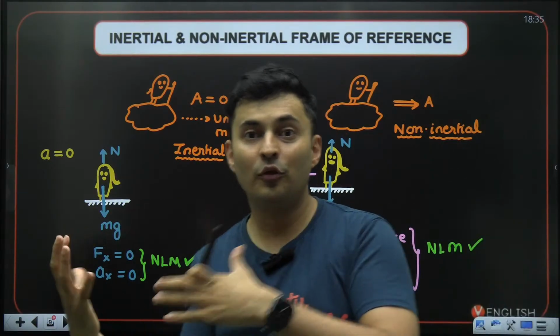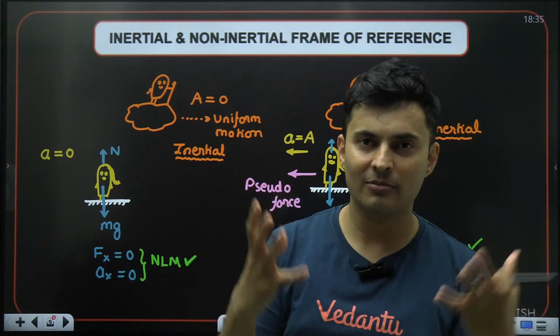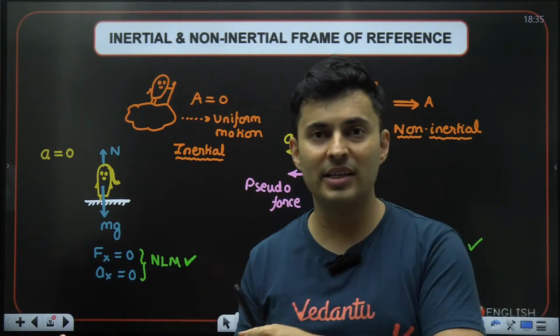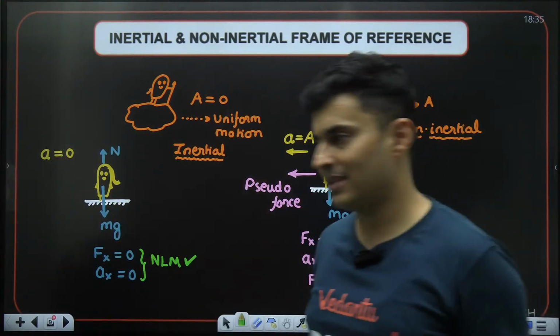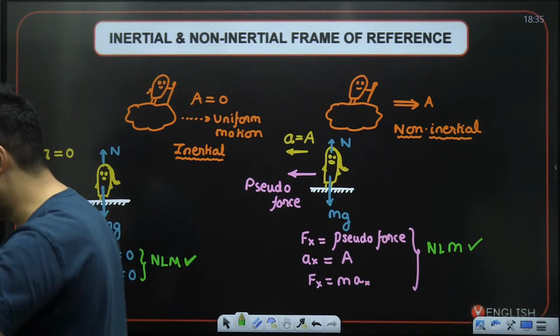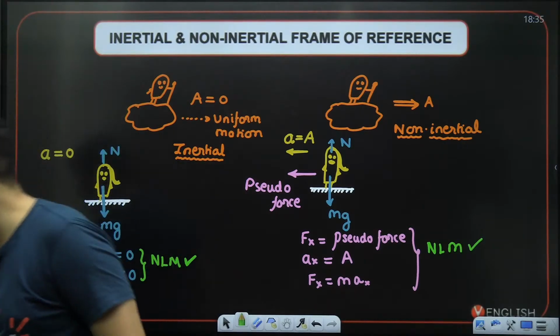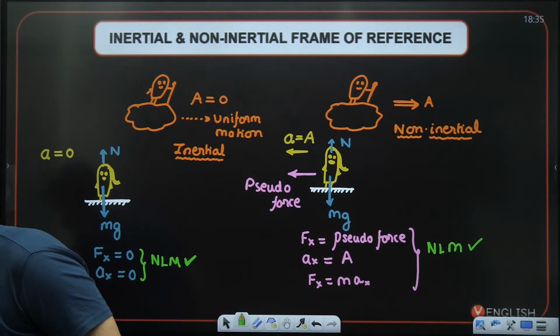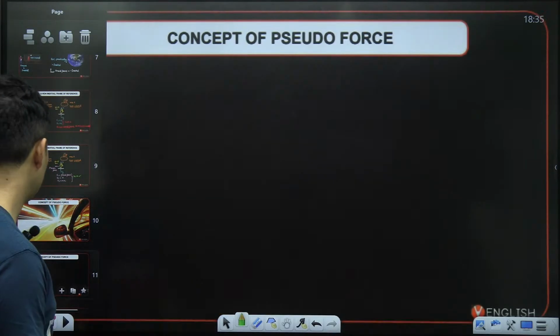So the pseudo force, which you feel is there, is always opposite to the accelerated observer's acceleration. Are you now getting it? Everyone understood this concept? Give me a thumbs up, a fire emoji quickly in the chat box.